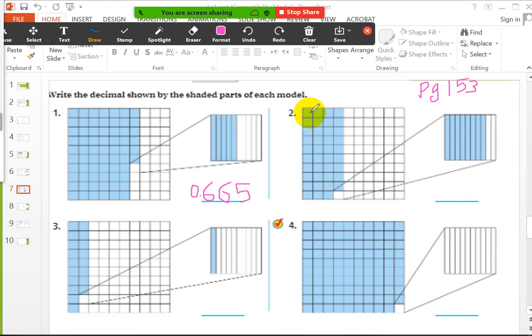This is first 10, 20, 30. So this whole column is shaded here. So 10, 20, 30. I have 30. After 30, let's count. 31, 32, 33, 34, 35, 36, 37, 38, 39.